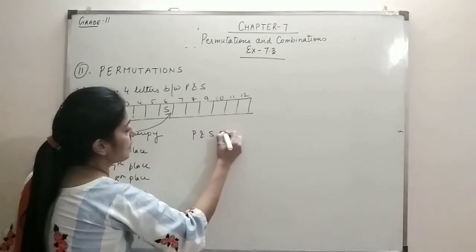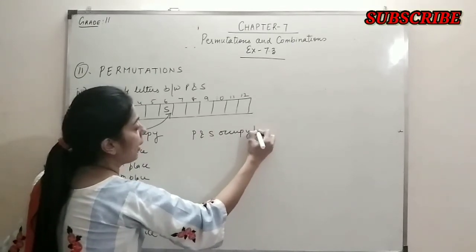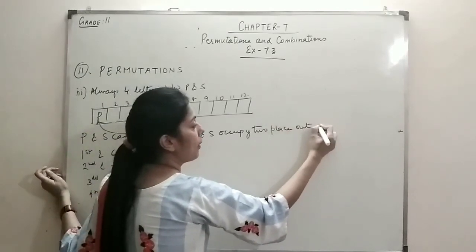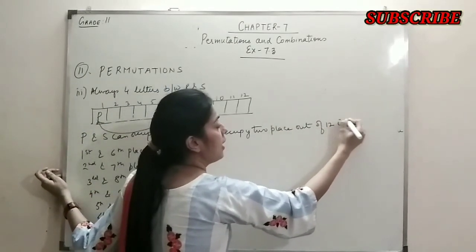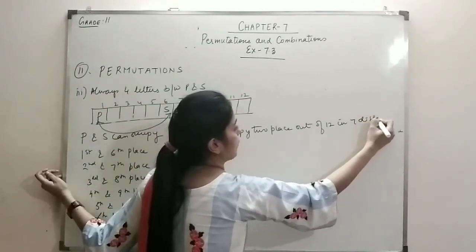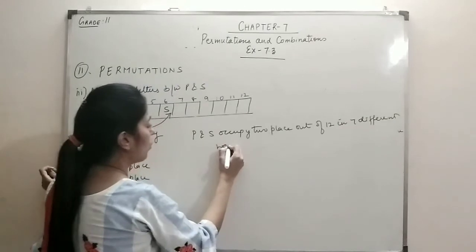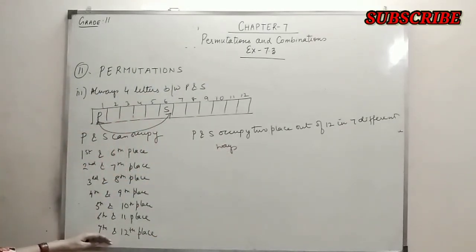P and S occupy 2 places out of 12 in 7 different ways, and how these 7 different ways, I already told you.